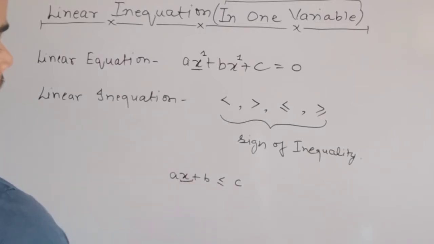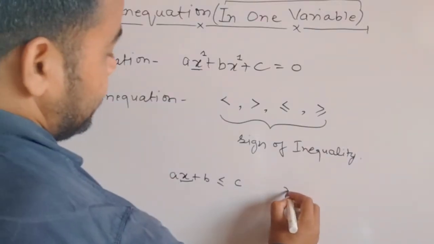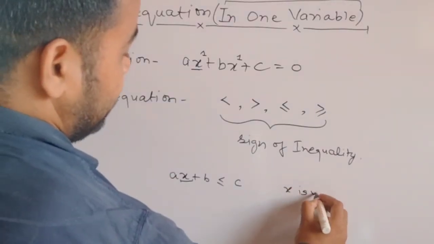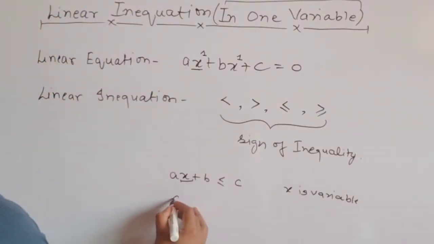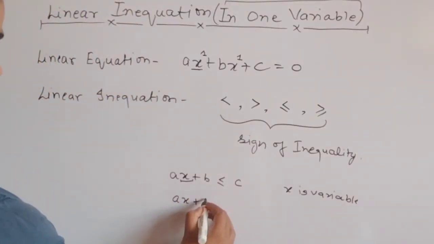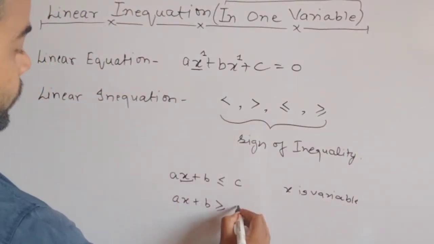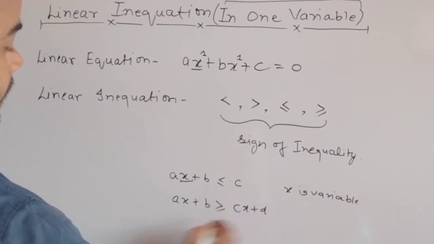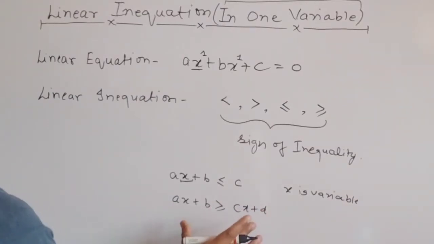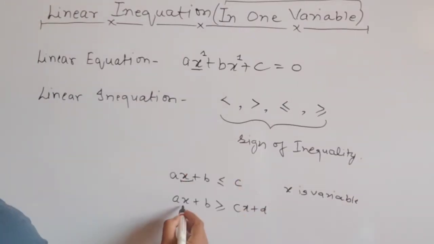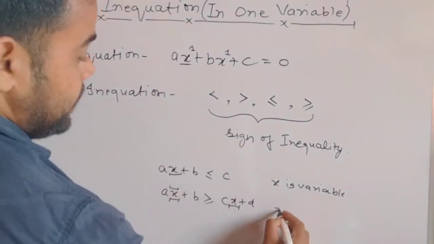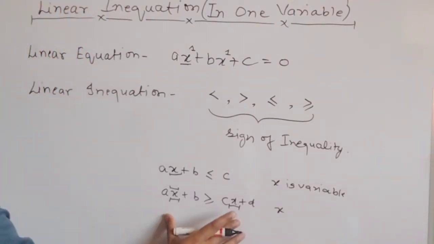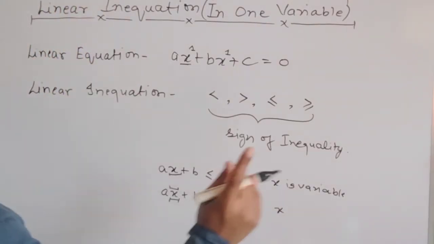X is the variable. ax plus b greater than equals to cx plus d. This is also an inequation in one variable because we can use x many times, but it is one variable. Here the variable is x which is used 2 times, but still it is a linear inequation in one variable.